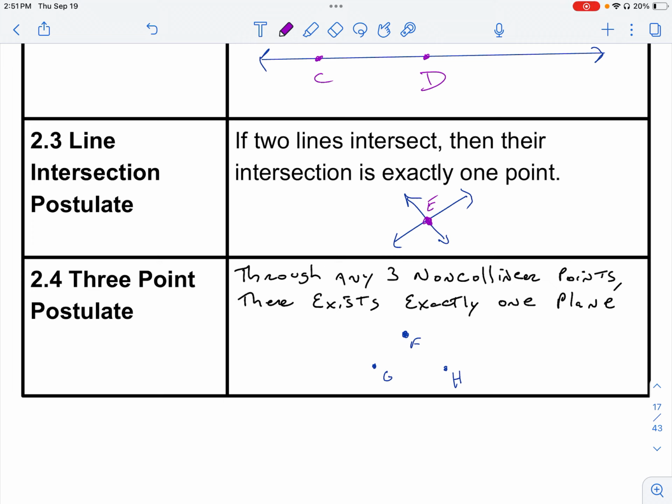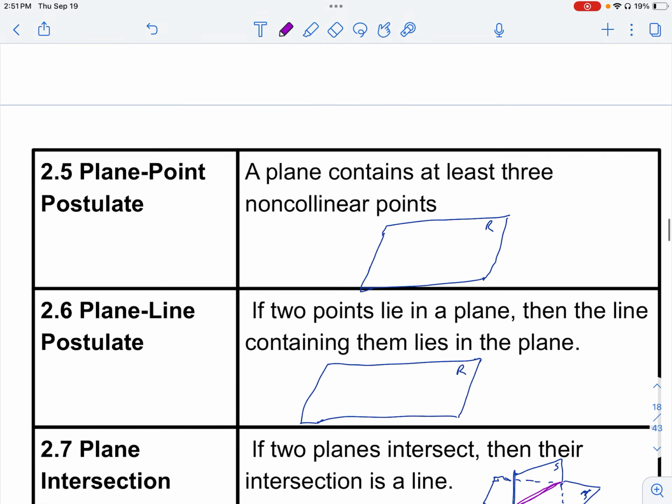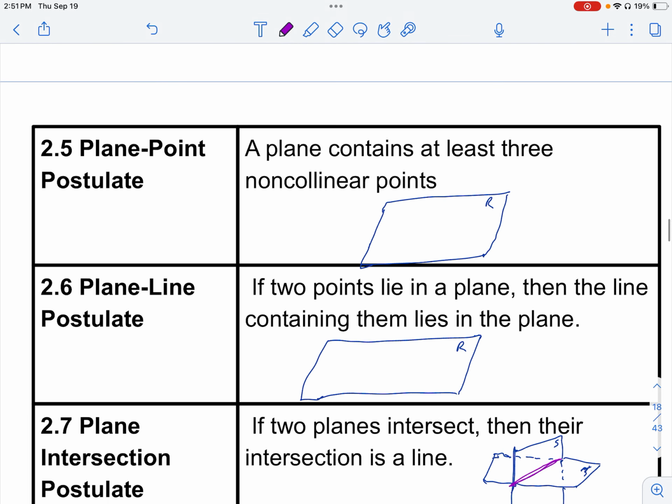Through any 3 non-collinear points, there exists exactly 1 plane. And as we recall, these are all definitions that we learned earlier. Let's keep going since there's more to do.